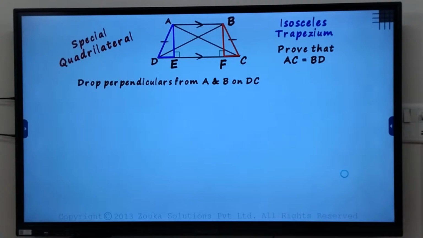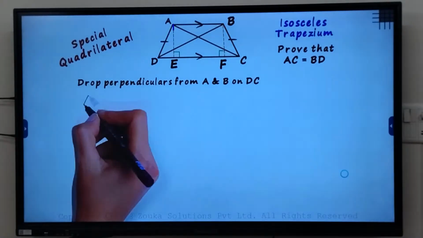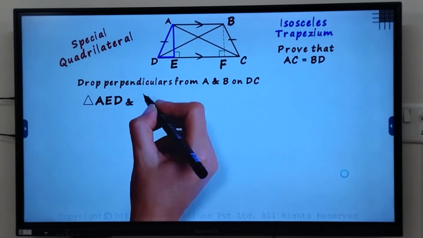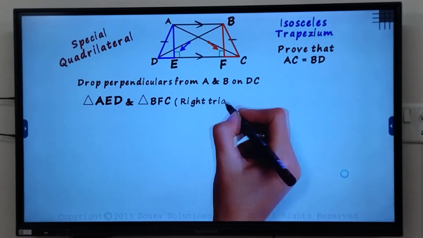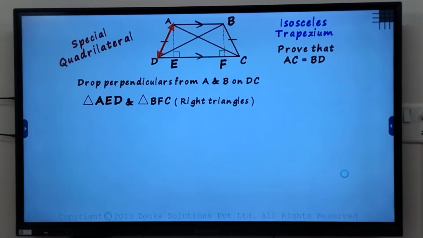Now focus on these two triangles, triangle AED and triangle BFC. If we prove these two triangles equal, then we can say that angle ADC is equal to angle BCD. Note that the two triangles are right angled triangles. We know that AD is equal to BC.